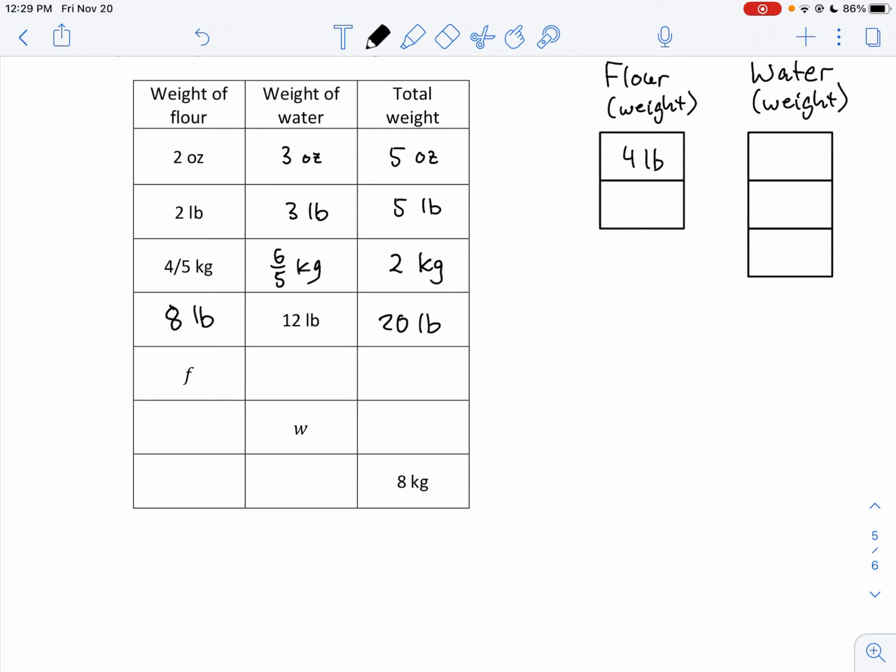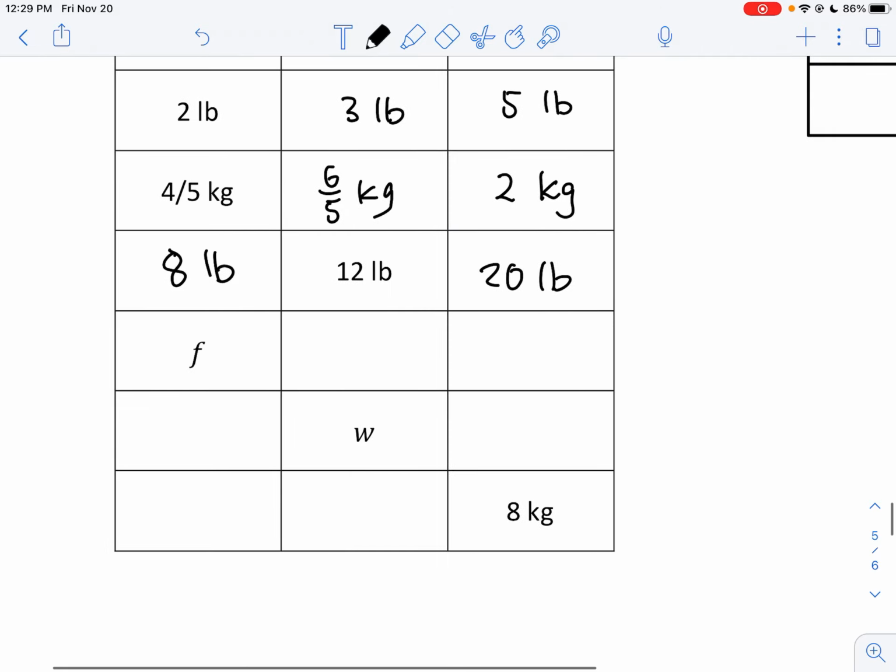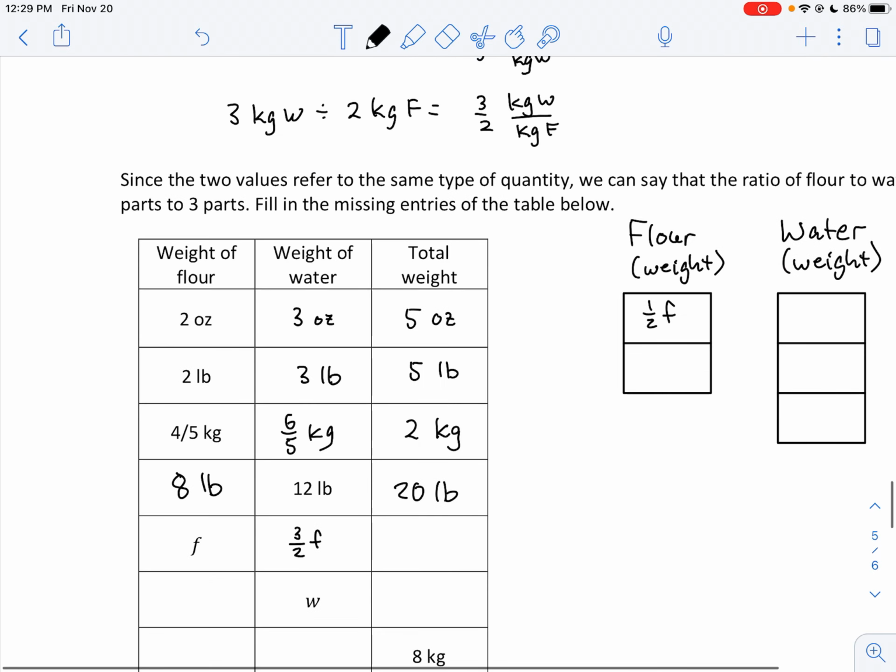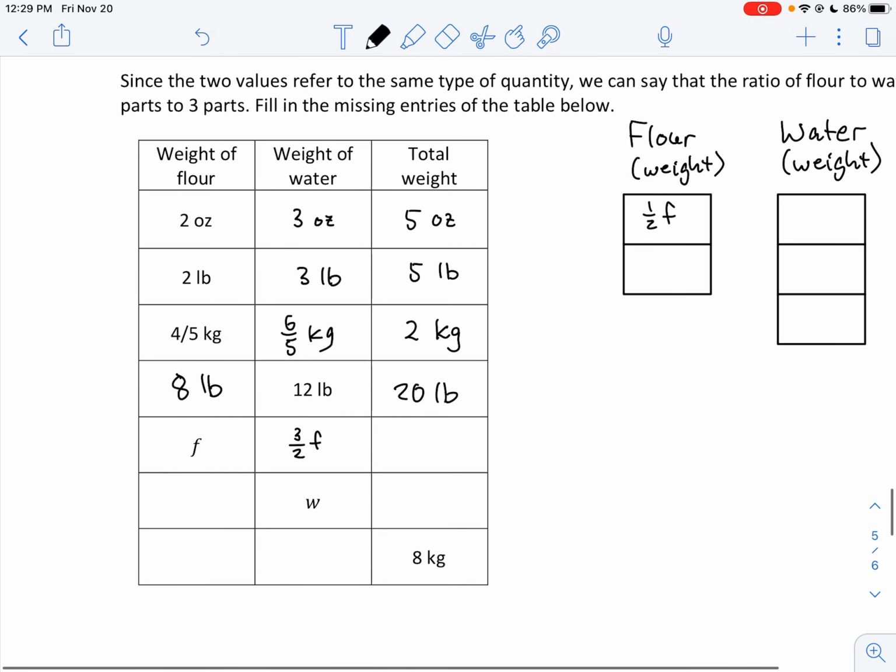Okay, if I use F for the total weight of flour, that means there would be 1/2 of F in each box here for flour, so that the total was, each part has 1/2 of F. So then how much water is there? Well, there'd be 3/2 of F. Or we could use a unit rate as well up here, right, to convert water.